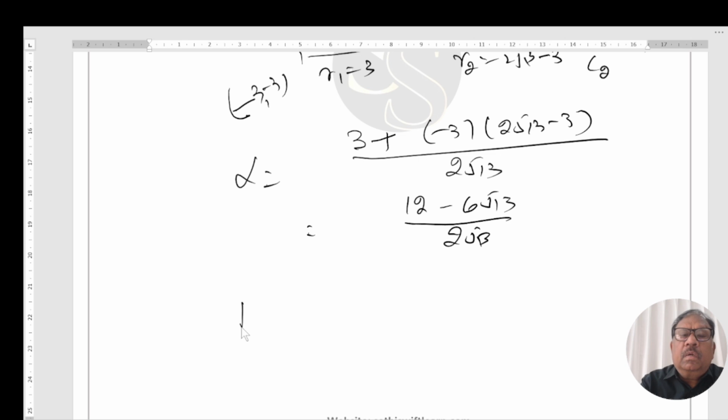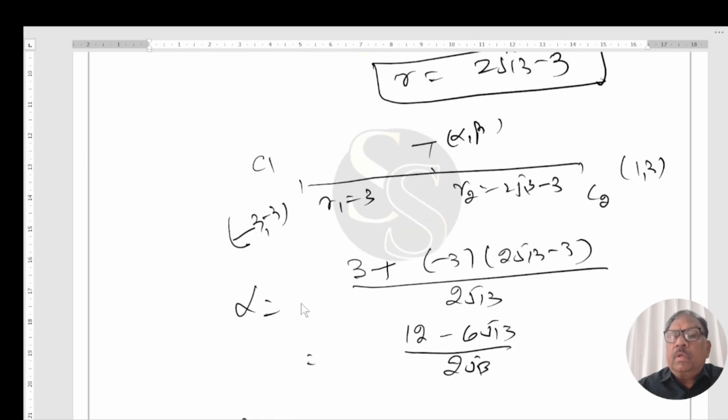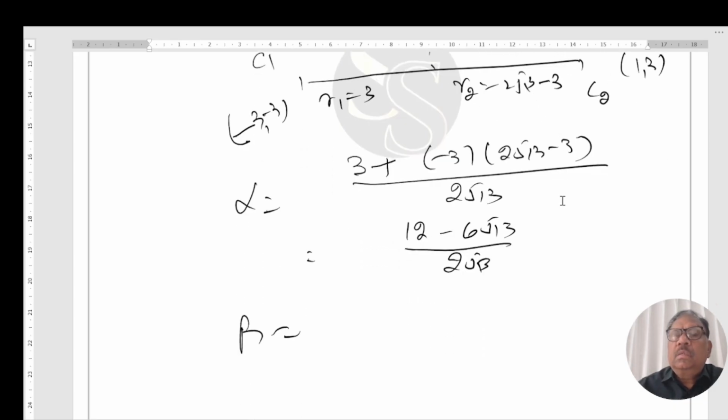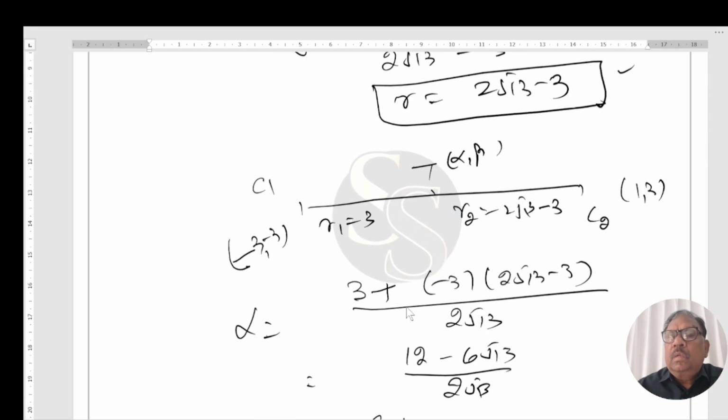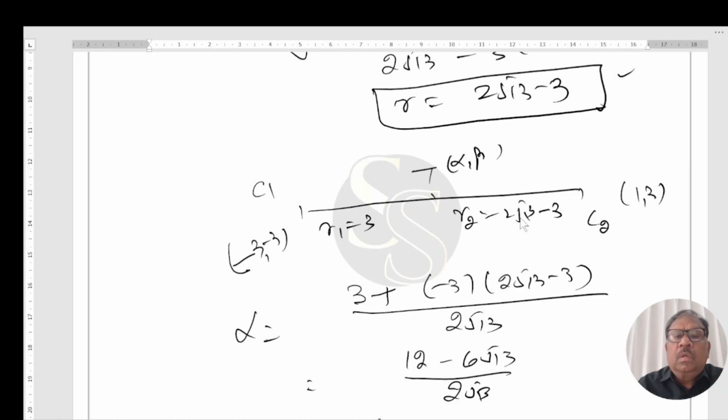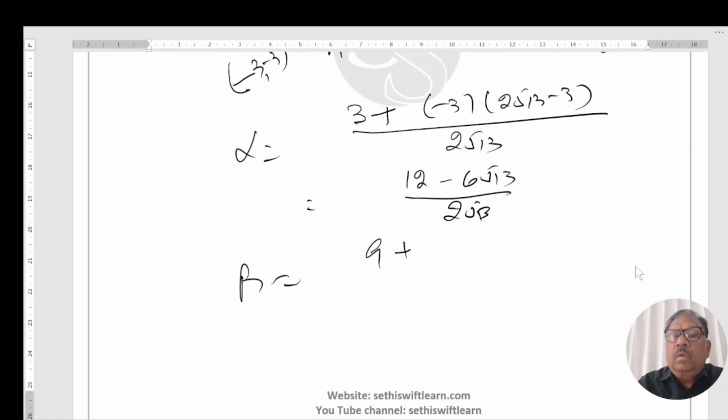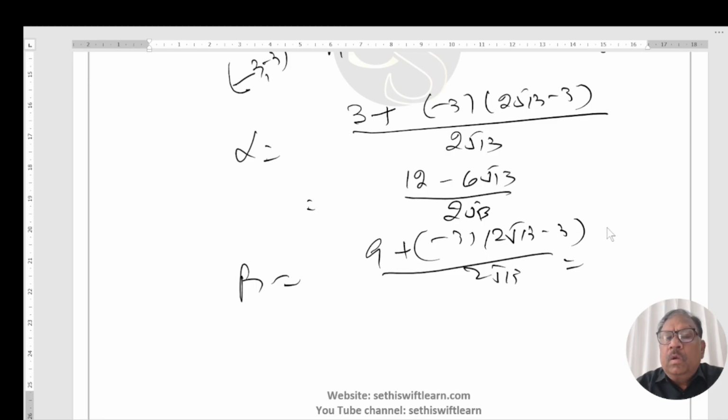Now similarly beta will be equal to: 3 into 3, 9, plus this into this, so (-3)(2√13 minus 3) upon 2√13. This comes out to be (9 plus 18 minus 6√13) divided by 2√13.